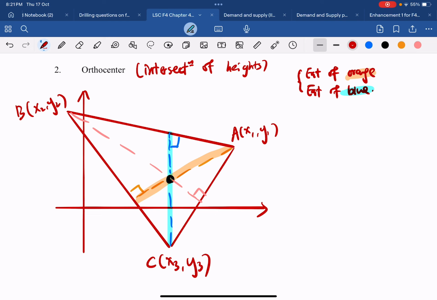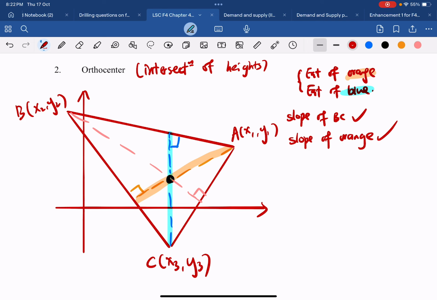But how can we find the equation of the orange one? We know that the orange line passes through A, right? But we still need the slope, because of point-slope form. How to get the slope for the orange one? Easy. We have the slope of BC, and since the orange line and line BC are perpendicular, we also get the slope of the orange line: you just use -1 divided by the slope of BC.